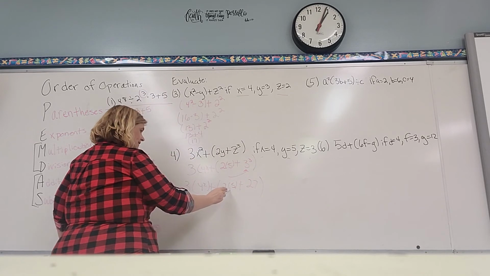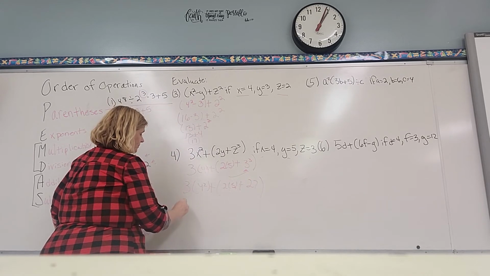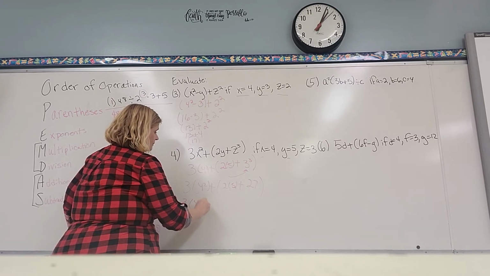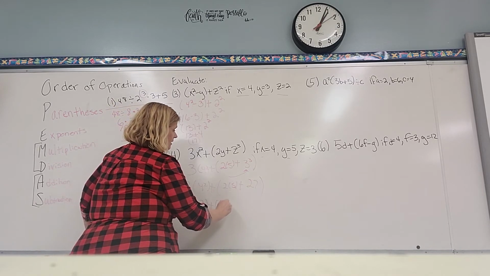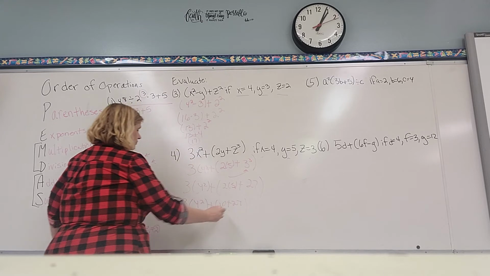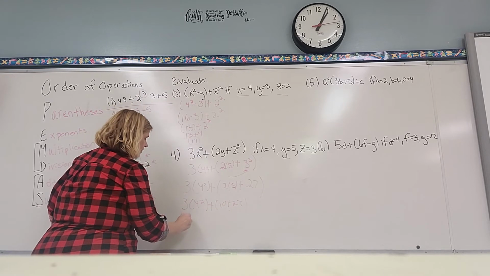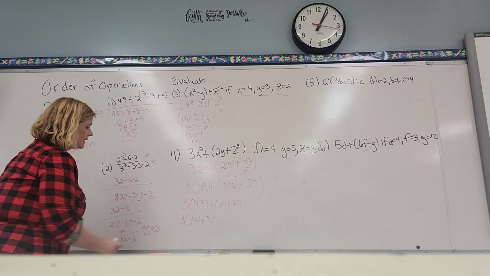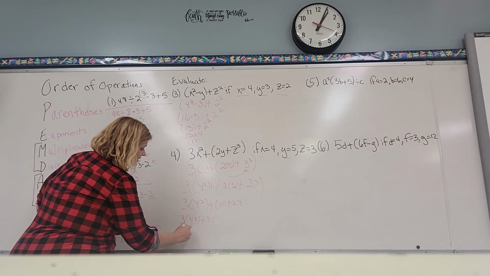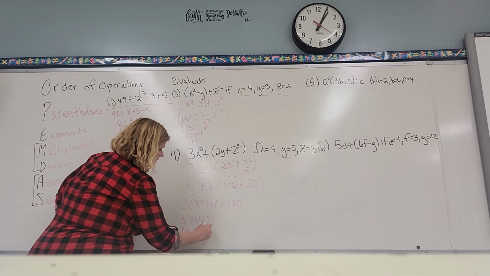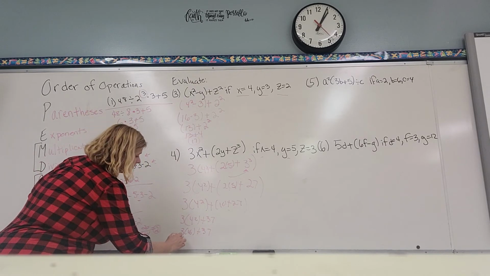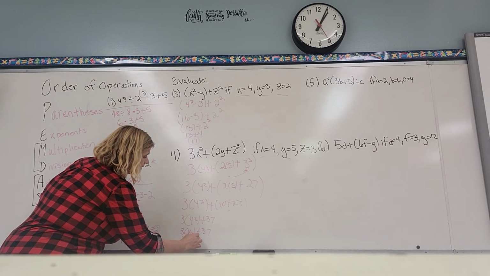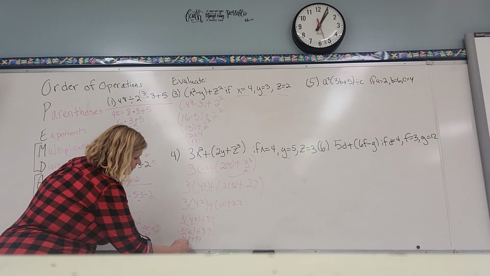Now within the parentheses, we're going to do that multiplication. 3 times 4 squared plus 10 plus 27. We have to do that parentheses. Now we go over to this exponent, which is 16. Multiply and add. 85.